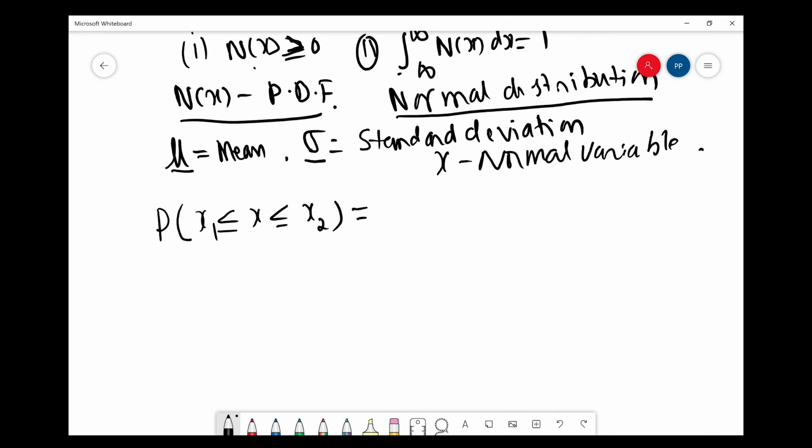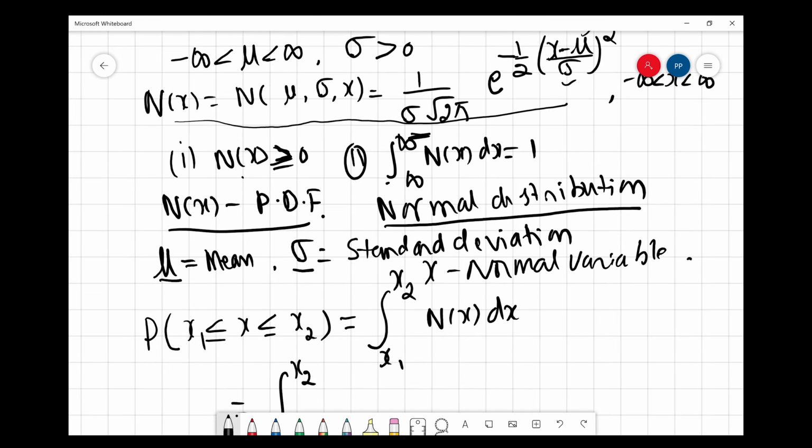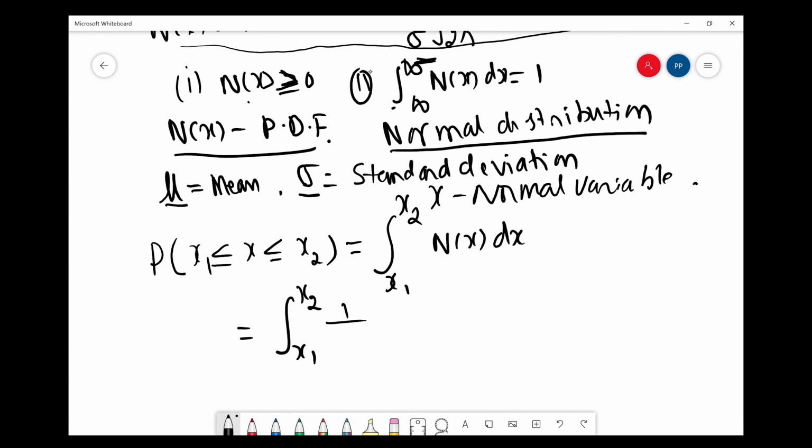Then the probability in the interval x1 to x2 is given by the integral from x1 to x2 of N of x dx, which, substituting for N of x, is the integral from x1 to x2 of 1 by sigma root 2 pi into e to the power of minus 1 by 2 into (x minus mu by sigma) whole square dx.